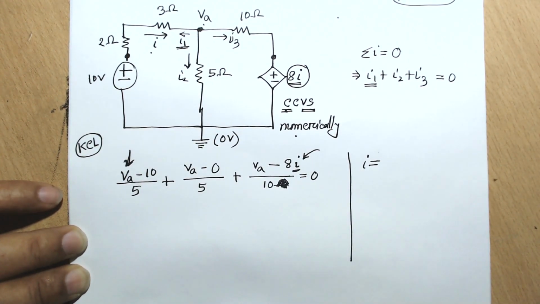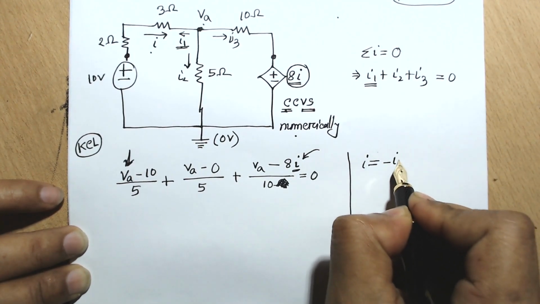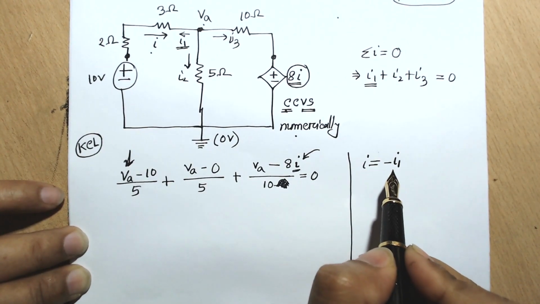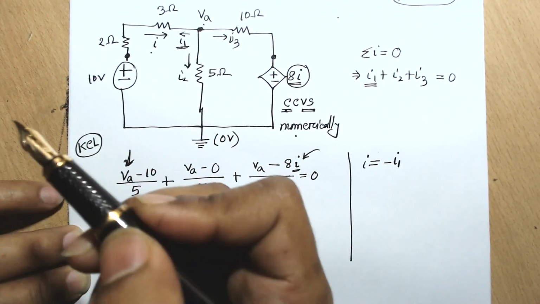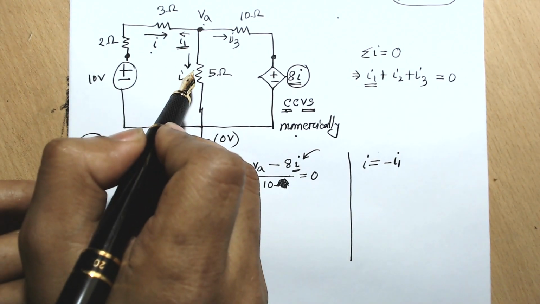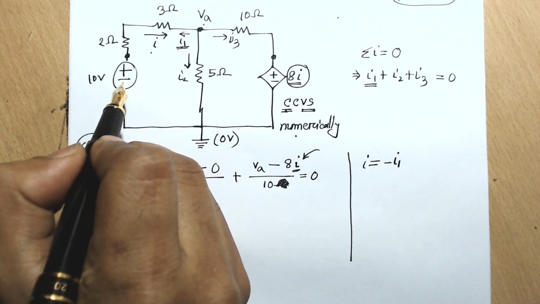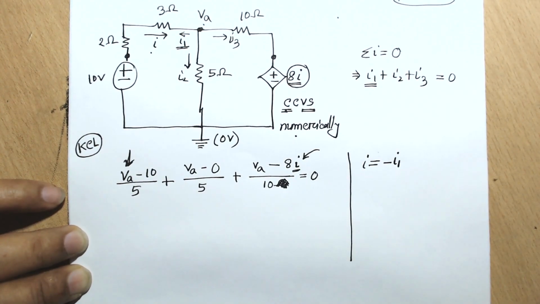Because they are the same current of the same branch, except they have different arrows. That means one is opposite to the other. That's why we can write I as minus I1. I guess you will all agree with me, because numerically they have the same value, as they are the current of the same branch. But in terms of direction, I is going clockwise and I1 is going anti-clockwise. That's why they have opposite directions and we have to use a negative symbol here.